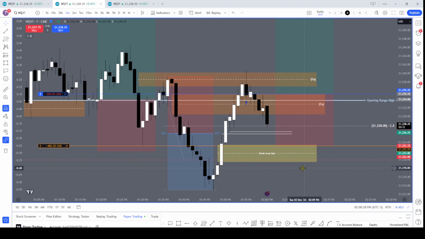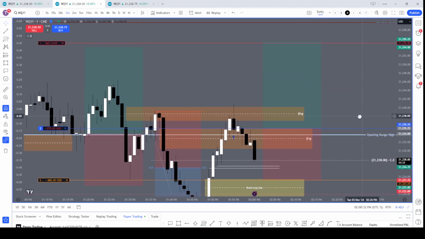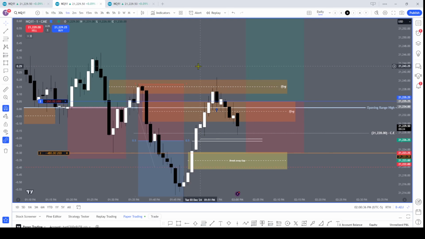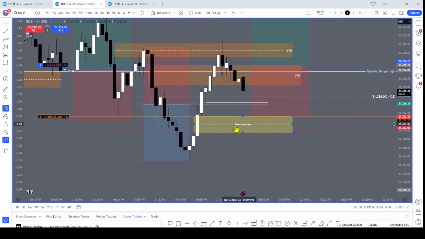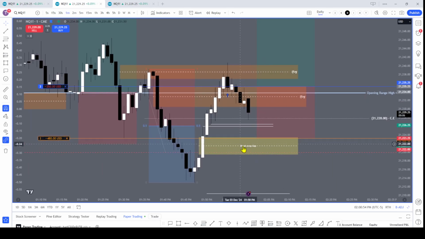It's an invalidation point. If we reach into that level, then we wouldn't expect to run up here. Might want to sweep this low again if we reach down into here. So I can let the stop loss work with it being in a good position. Good entry, good stop loss position.